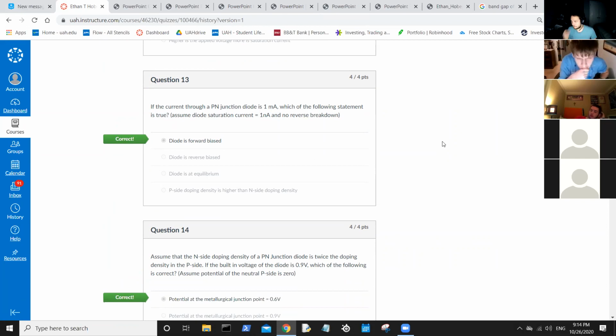Oh, so since it's 1 milliamp and not negative 1 milliamp, you can tell. In this case, you can't tell from the current immediately, I don't think, but you might be right. We would have to work an example in reverse bias to know for sure. But when you come to these types of questions, since these are multiple choice questions worth 4 points, it's worth the time to run through and do the calculation. It's pretty easy and quick, just to confirm.